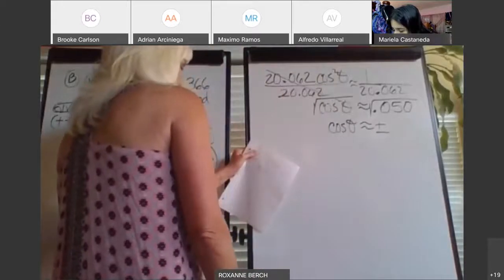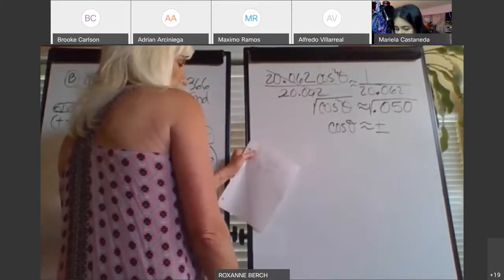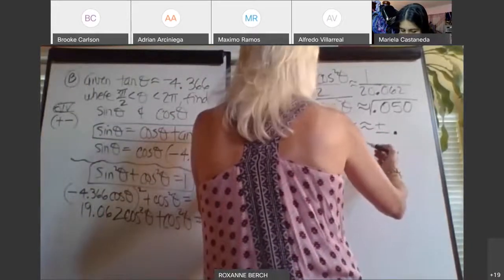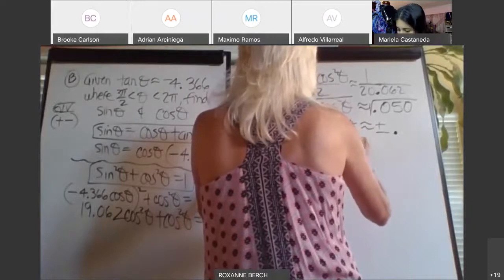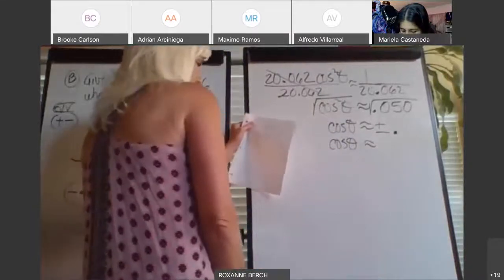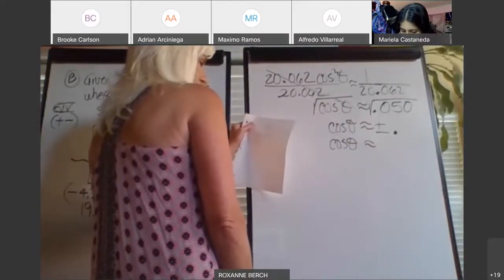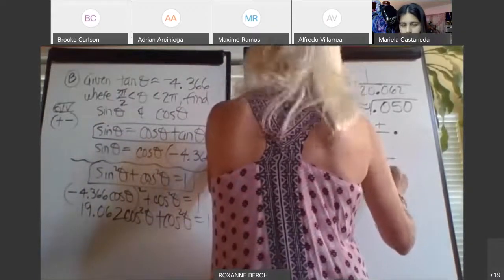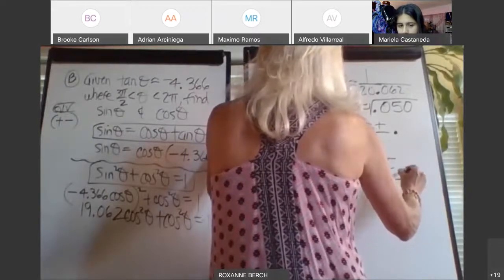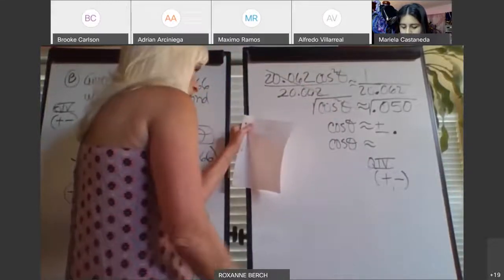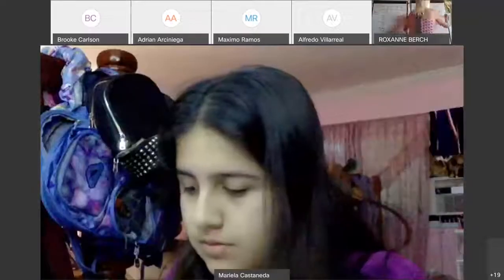What's the square root of 0.050? 0.2236.